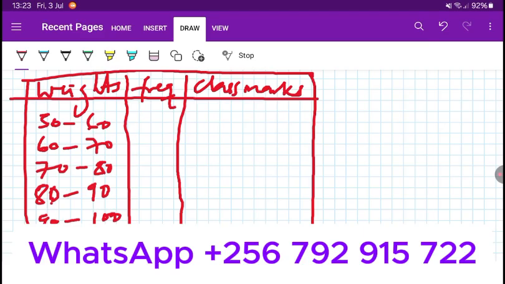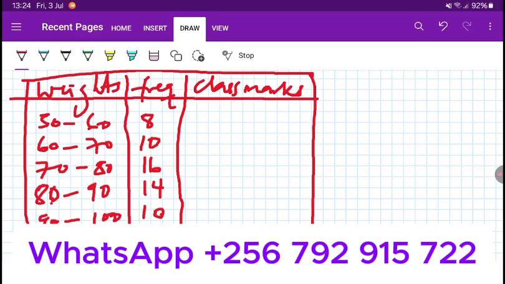Of course, the frequency that was given to us, this was 8, this is 10, this is 16, 14, 10, 5. Of course, we are left with one class.